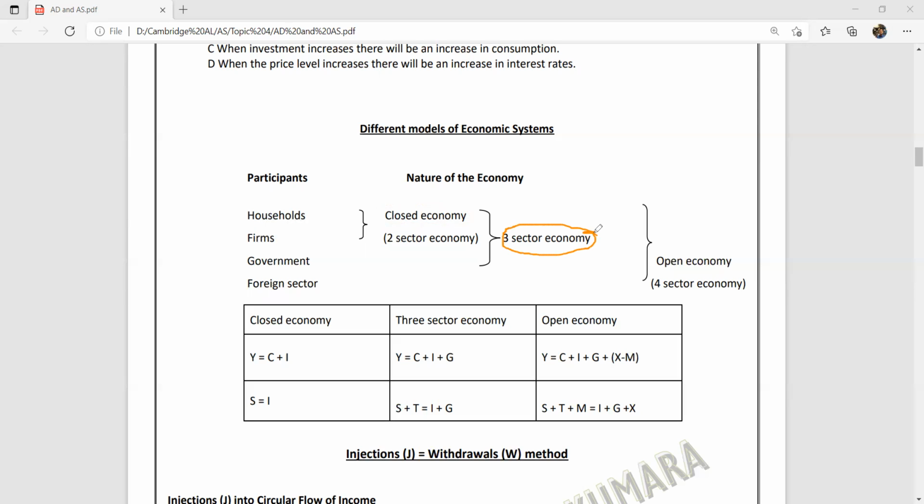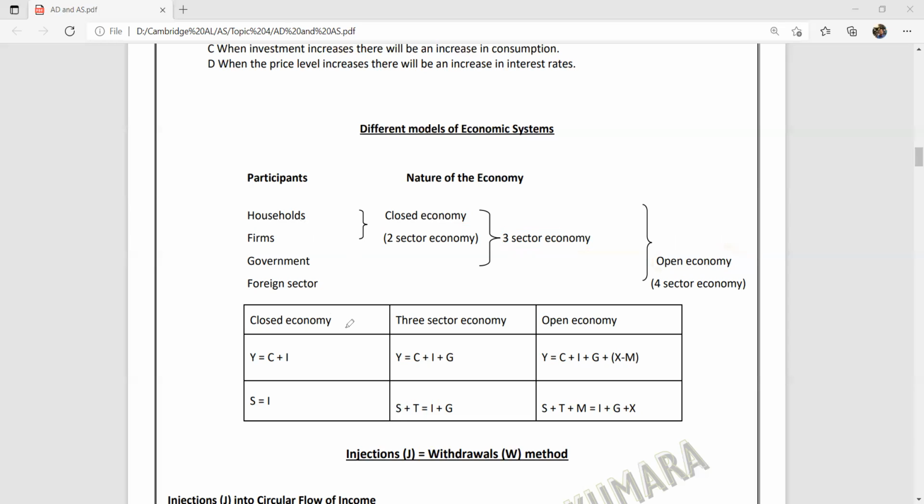Anyways, it's a model. But an open economy, of course, is there in every country: households, firms, government, and foreign sector. If all these are involved in transactions, then we can say it is an open economy.